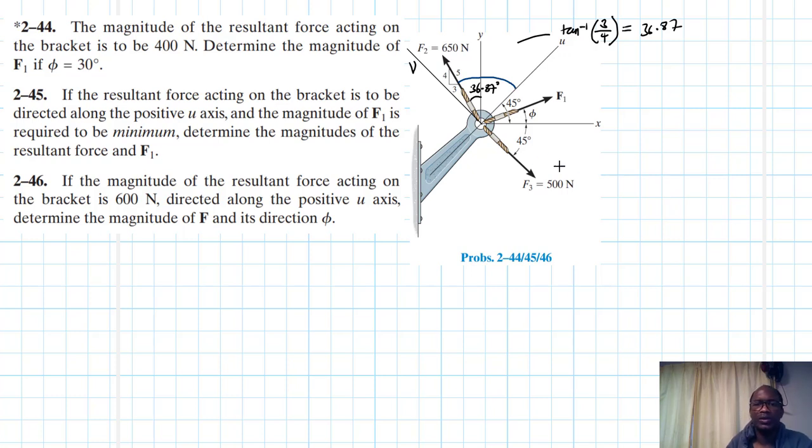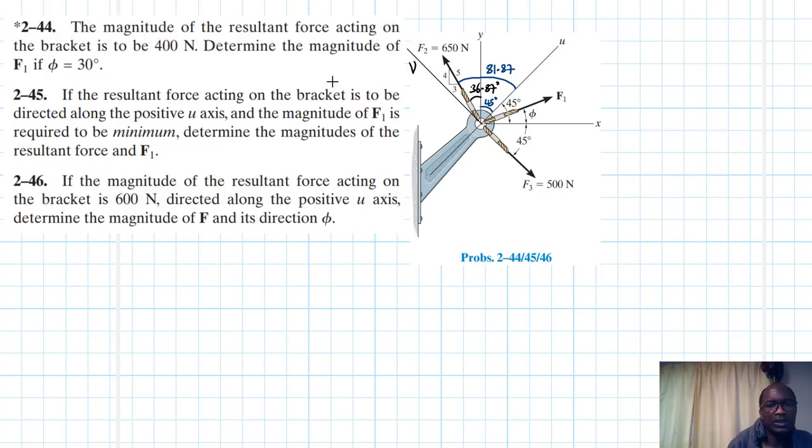Then we have this angle here. We know it because this angle here is 45, right? Therefore, we are just adding 45 plus 36.87, which gives us 81.87 degrees. Great.